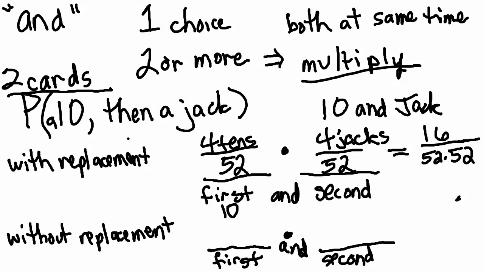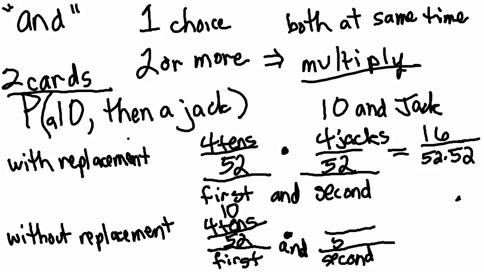Okay, now on the second time you do this, you're going to take a card, but you're going to keep it. There's still 4 10s when you start the experiment. You want a 10, well, there's 4 of them in the deck out of 52 cards. But you're going to keep that 10 out of the deck or out of your choices.